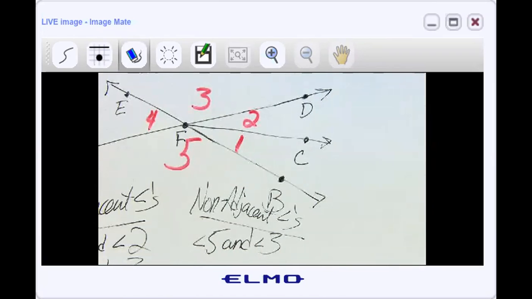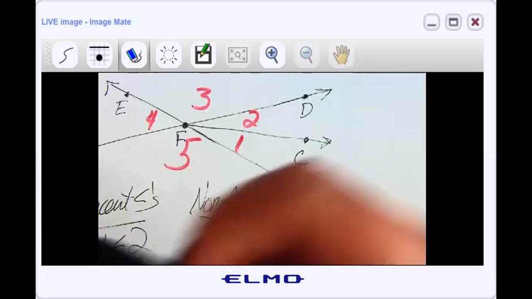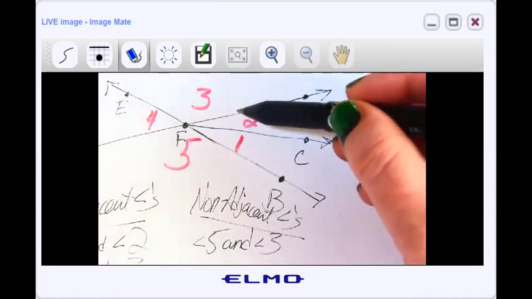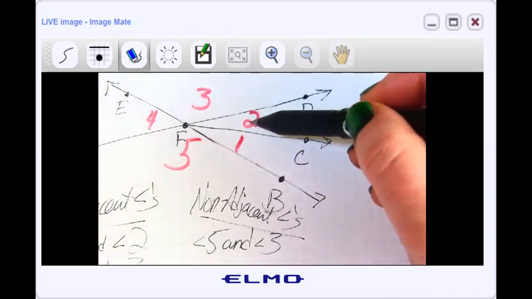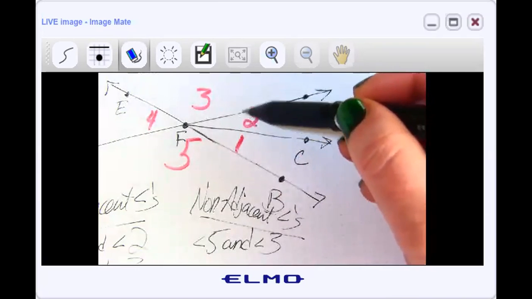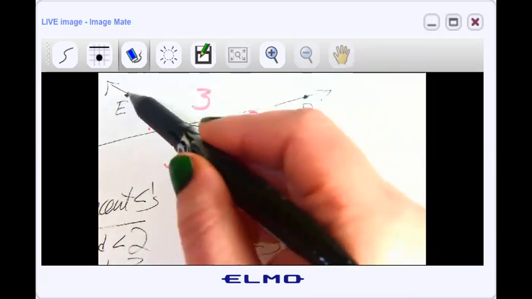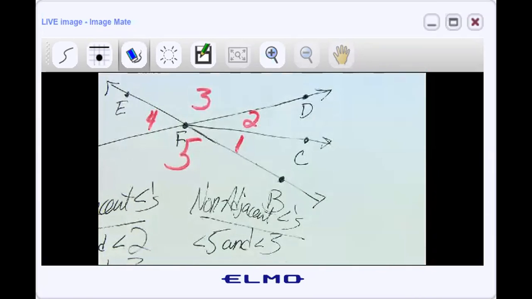We are talking about adjacent angles, which are basically next door neighbors. And we just said that angles 3 and 5 are not adjacent. And this is why. If you knock on the wall here, someone in room 2 is going to hear you. That's not 5. If you knock on the wall over here, 4 is going to hear you, not 5. 3 and 5 do not share a single wall between them.